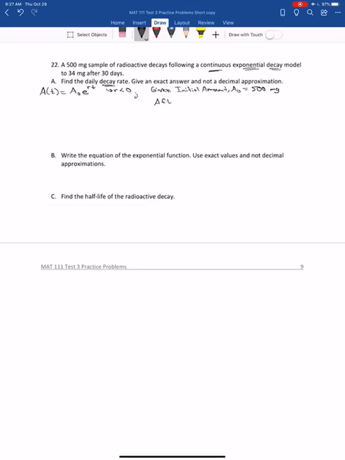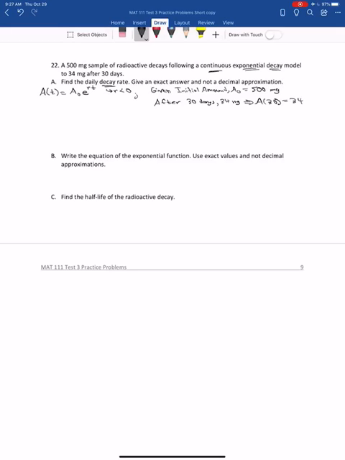So let's write down our other piece of information. So we're given a time value. After 30 days, all right, we had 34 milligrams. All right, so that implies A of 30 is equal to 34 mg.